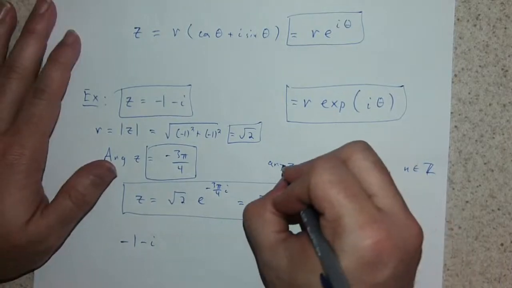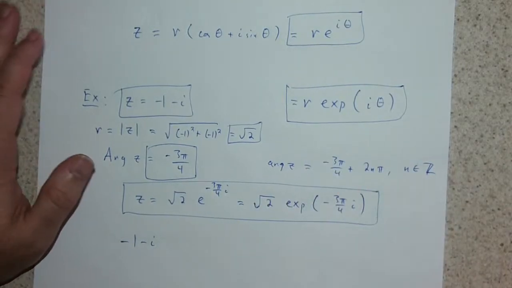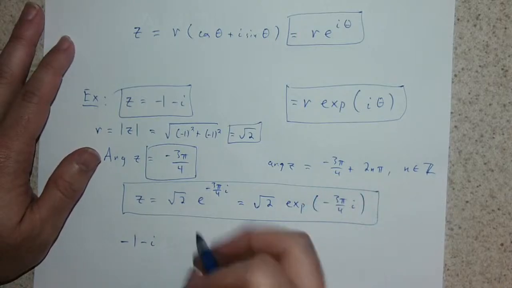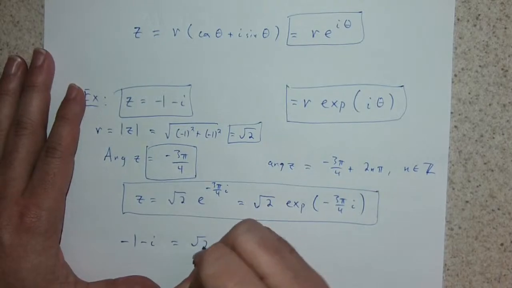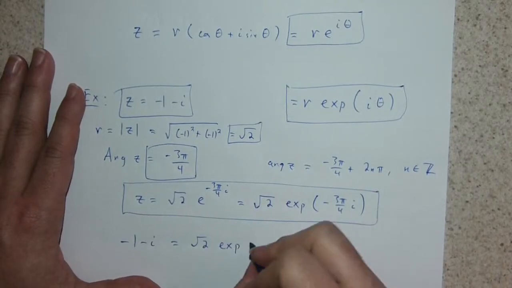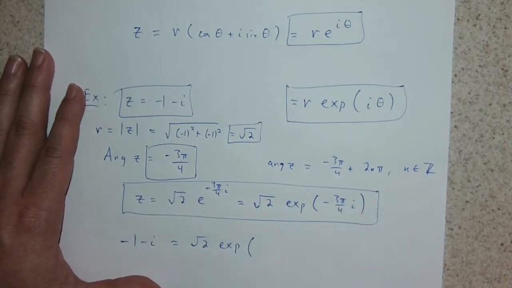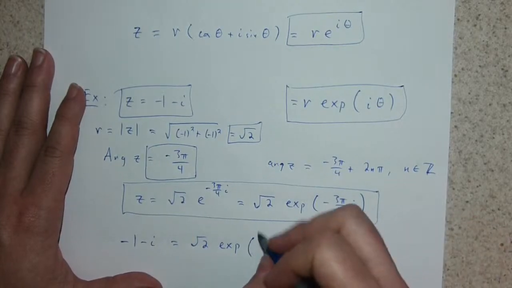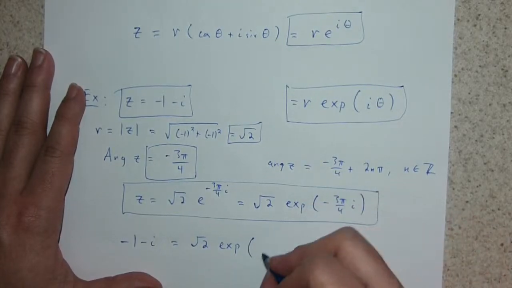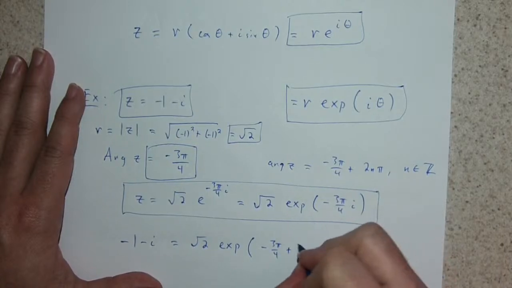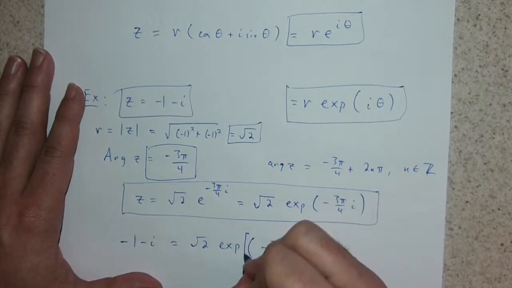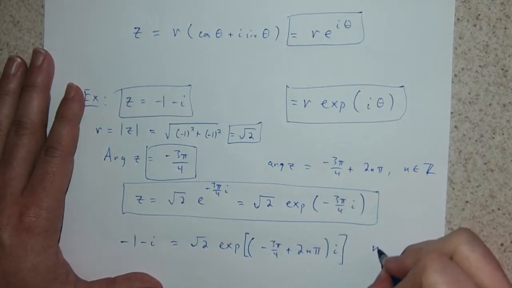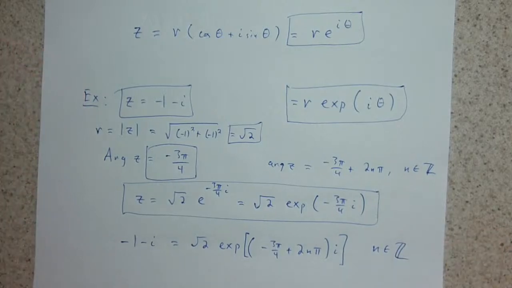All right, and so if I use this instead, then my completely general exponential form would be root 2 times e to the I, we'll say, minus 3 pi over 4 plus 2n pi times I, for n in the integers.